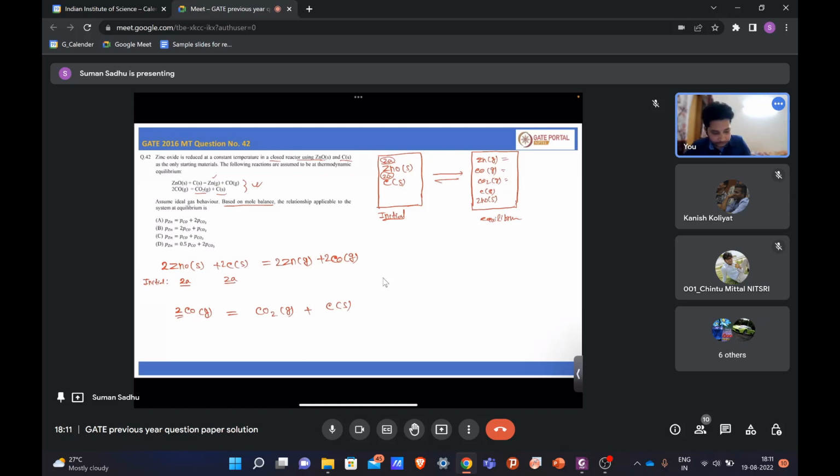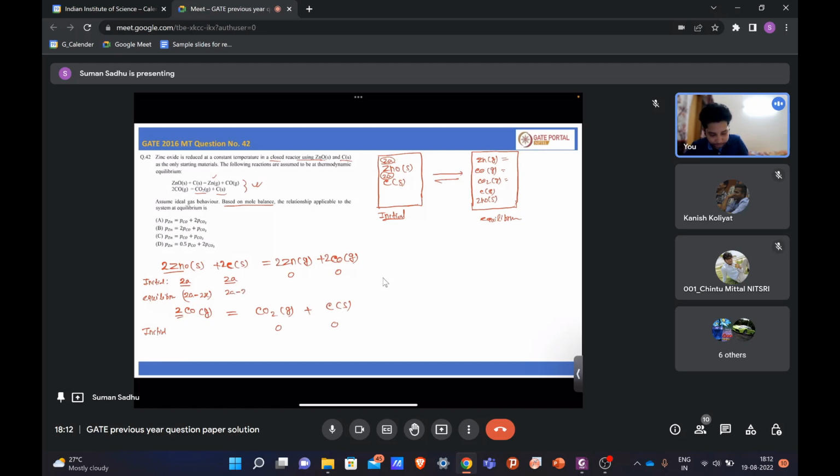Initially no other element was there, so this is also 0, this is also 0. For this reaction also initially nothing was there, 0 and 0, let's say. Now at the equilibrium, let's say if from this 2a mole of ZnO, 2x mole of ZnO is dissociating, then the carbon will also dissociate with this ratio, that is 1 is to 1.